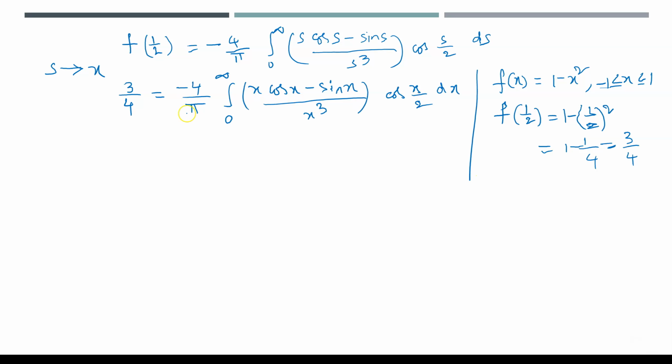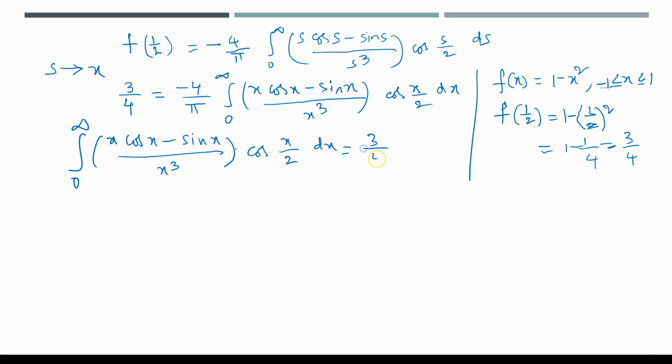Now transpose minus 4 by pi to the left hand side, then we get integral 0 to infinity x cos x minus sin x upon x cube into cos of x by 2 dx equal to 3 by 4 into pi by minus 4, which is equal to minus 3 pi by 16. Minus 3 pi by 16 is the required solution.